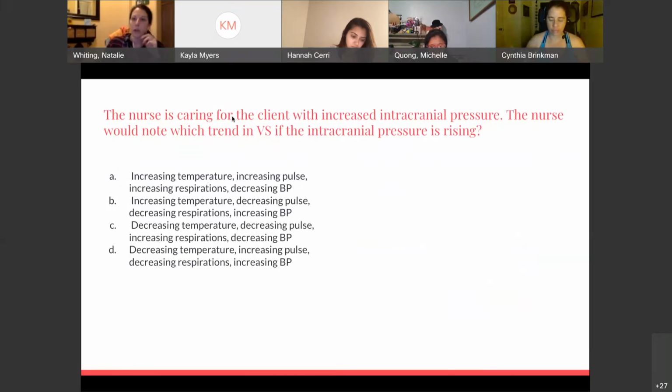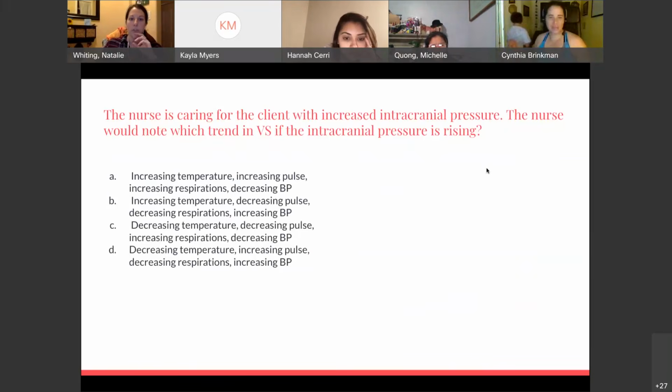Okay, the nurse is caring for a client with increased intracranial pressure. The nurse would know which trend in vital signs if the intracranial pressure is rising? We're almost done. A, increasing temperature, increasing pulse, increasing respirations, and decreasing blood pressure. B, this is one that you really got to think about, okay? And we'll take time with this.